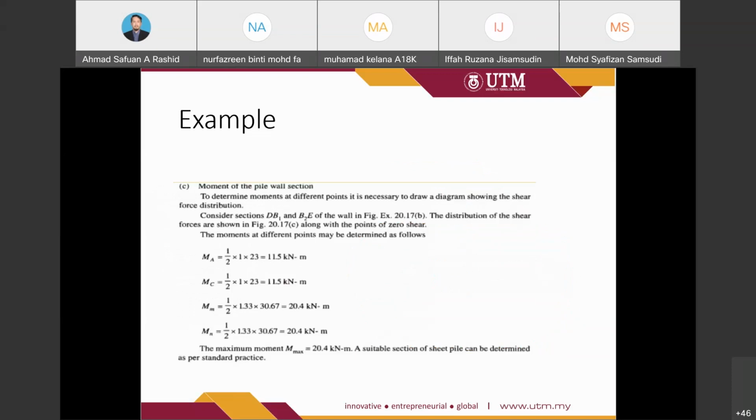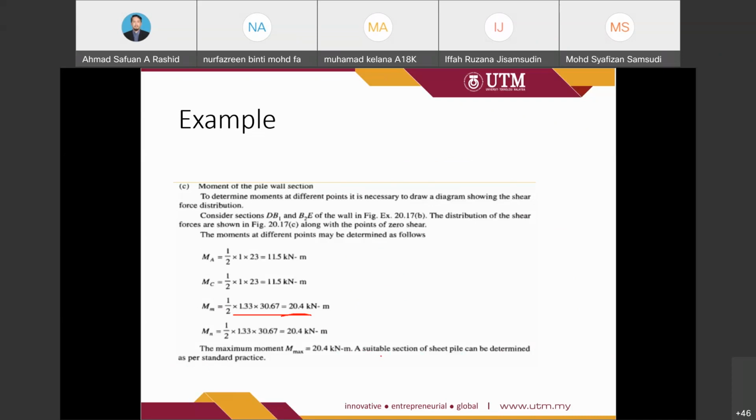Based on the values, the maximum moment M max that should be used is equal to 20.4. So that is the moment of the pile wall section, equal to 20.4. Then a suitable section of pile can be determined as per standard practice. So what should we do next?